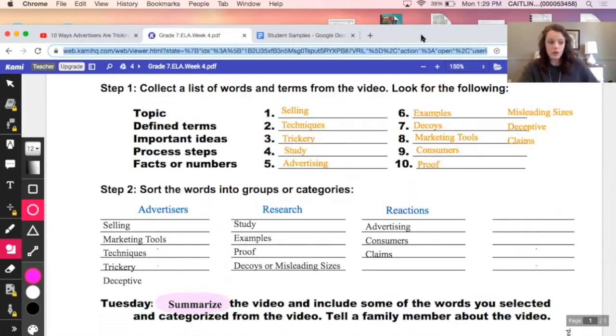Next, we're going to talk about Wednesday. Now, Wednesday, Thursday, and Friday looked a little different. Each of these days asked you to write a paragraph using text evidence to support your writing and your ideas.